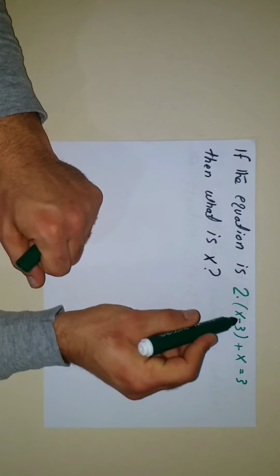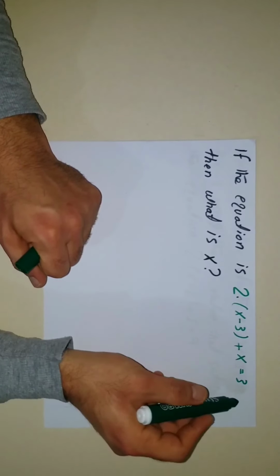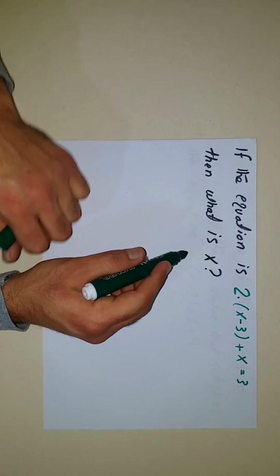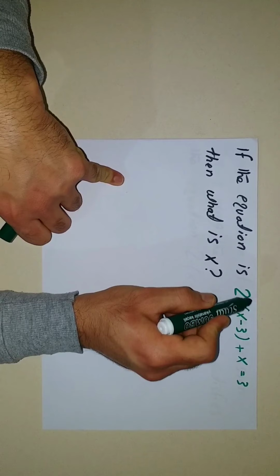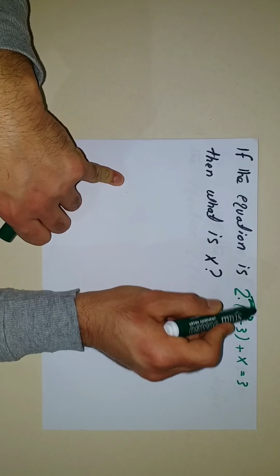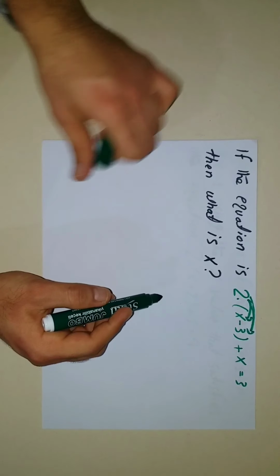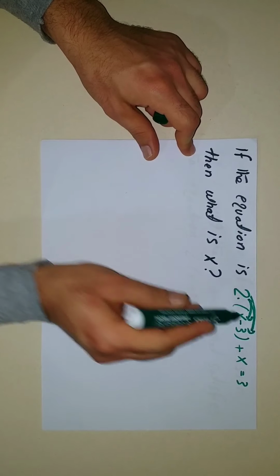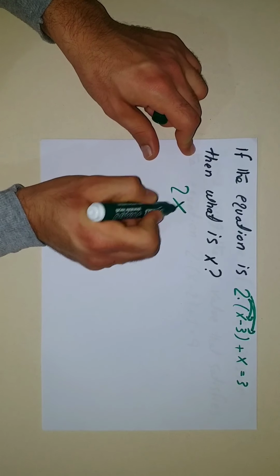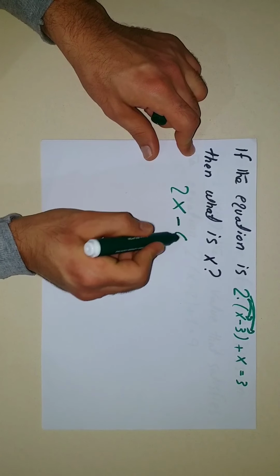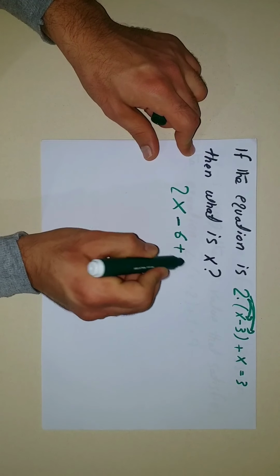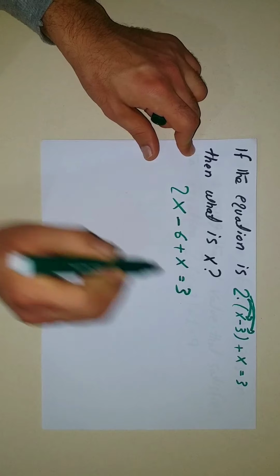If the equation is 2 multiplied by x minus 3, plus x is equal to 3, then what is the value of x? First I will multiply this 2 with x, then this 2 with minus 3. 2 multiplied by x is 2x, and 2 multiplied by 3 is 6, so 2x minus 6 plus x is equal to 3.